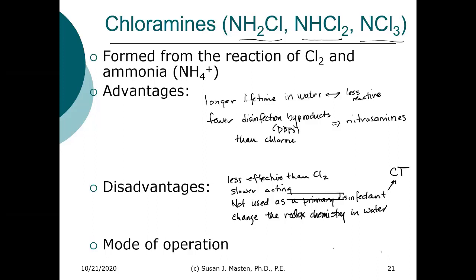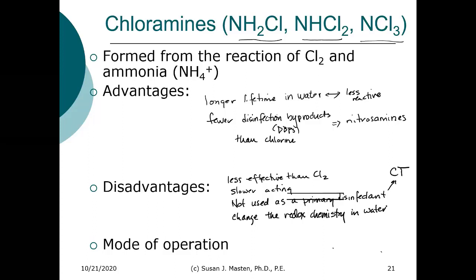So for instance, in Washington, D.C., actually it's now probably close to 2 decades ago, when they switched from chlorine to chloramines, that resulted in a significant increase in the lead concentrations in the treated water at the tap because of the change in the redox chemistry.